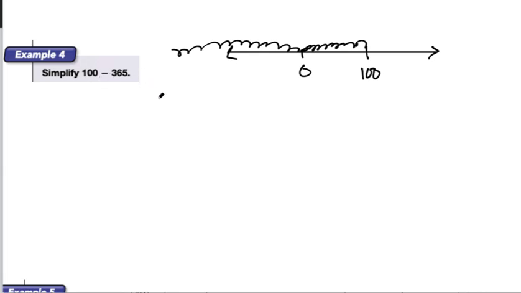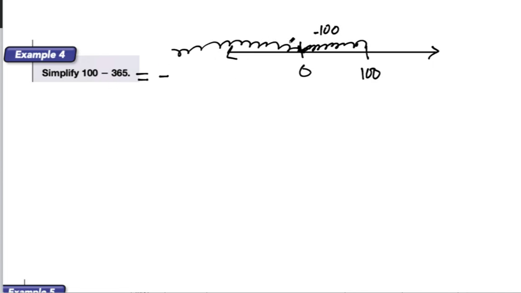So one way to calculate this is to recognize, whoa, I'm subtracting a big number from a little number. My answer is definitely going to be negative. I'm going to be in the negative realm. If I went back 100 steps, I'd be at 0, but I've got to go back even more to get to this number. What would that number be?